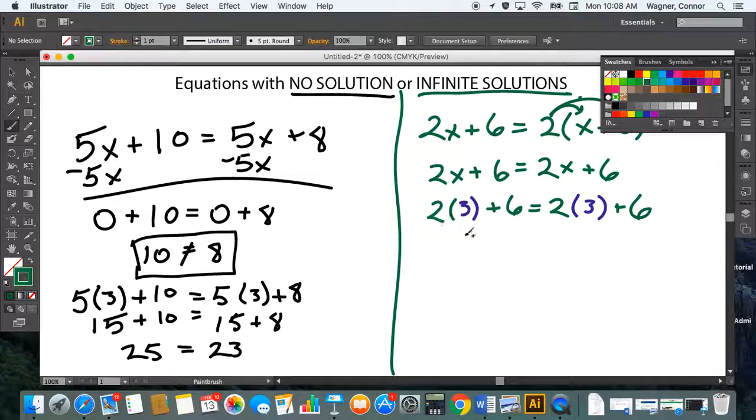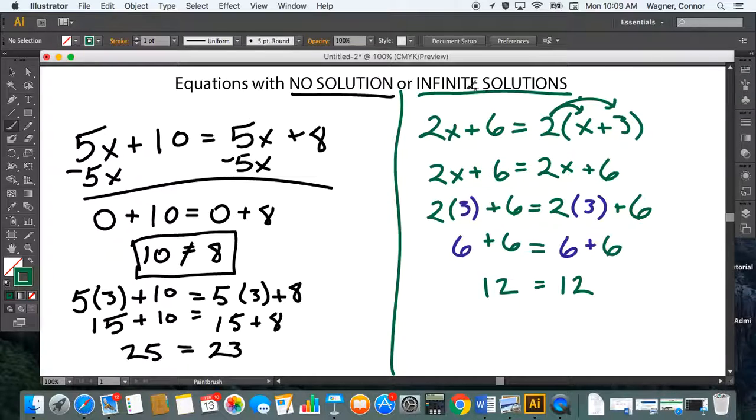If we solve this, 2 times 3 is 6, plus 6 equals 2 times 3 is 6, plus 6, and we end up with 12 equals 12, which is true. And like I said before, any number, an infinite number of solutions, will make this true.